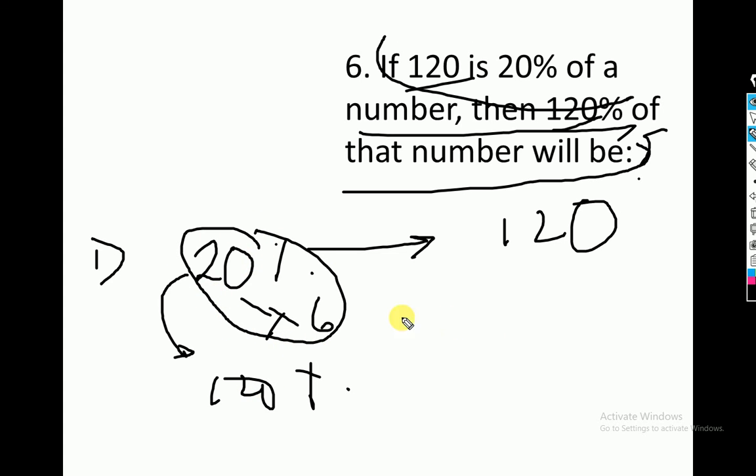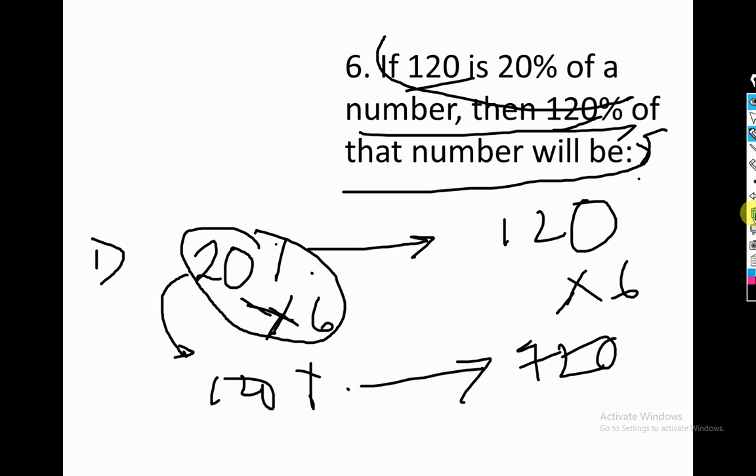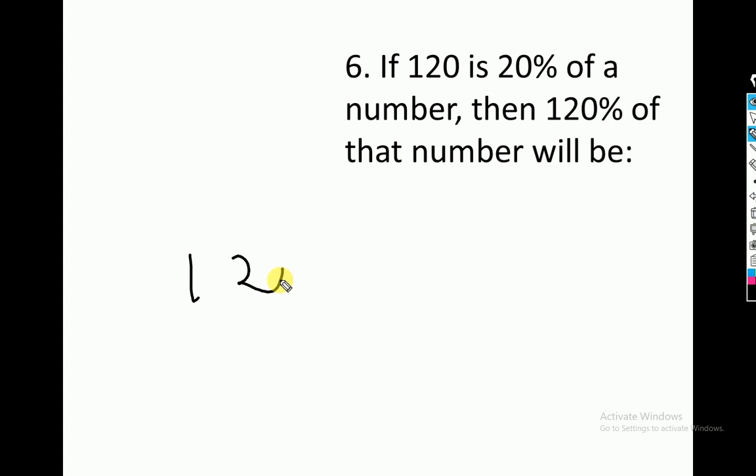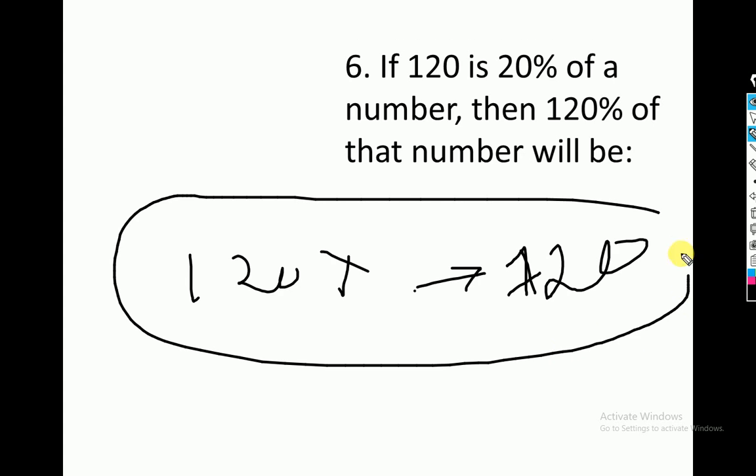Just as you are multiplying with 6 on this side, you have to multiply by 6 on this side also. So 120% of that number is 720. This is the answer.